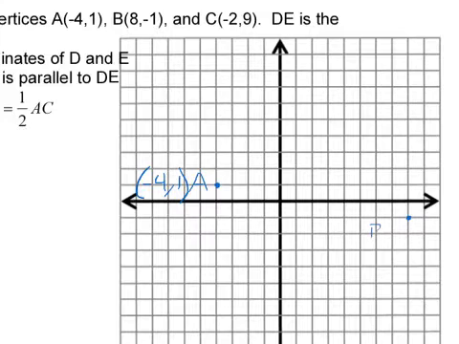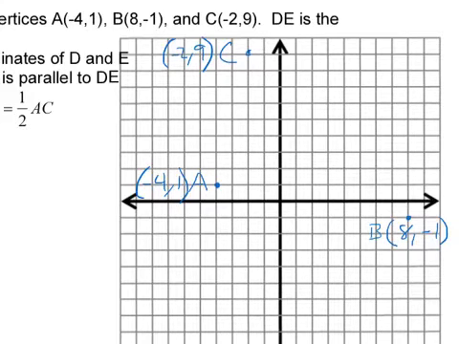And I'll just put a little B, 8, -1. And then C is up here at -2, 9, so I'll go up 4, 5, 6, 7, 8, 9. I'm going to recount that just to make sure. 3, 3, 3, yep. So that's C, and we said that's -2, 9.